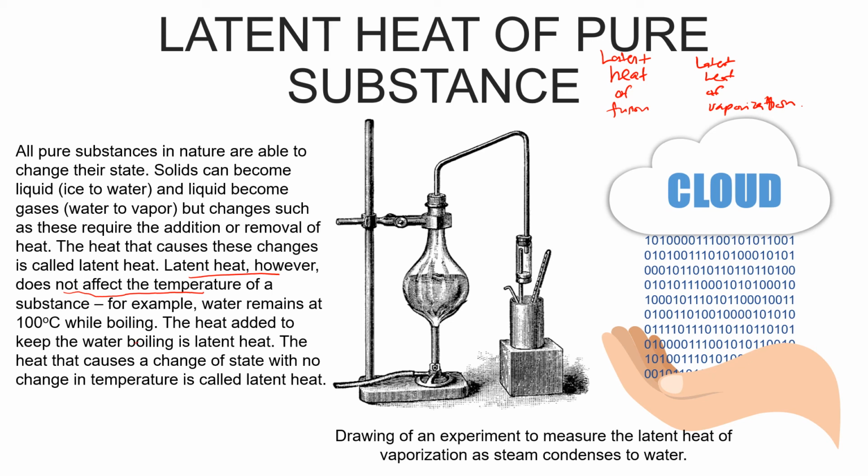For example, daripada ice jadi water. Okay, daripada solid dia jadi liquid, and then daripada water dia jadi vapor. Tapi dia tidak ada perubahan temperature. Okay, macam awak dah belajar sebelum ni kan, kita ada contoh saturated liquid. Saturated liquid ni bila kita panaskan at 100 degree Celsius kan, dia akan jadi saturated liquid, betul?